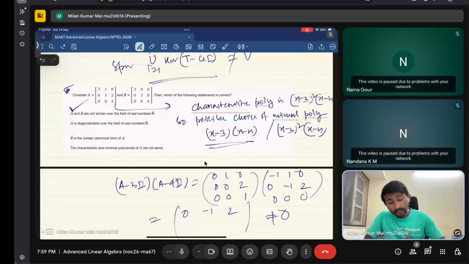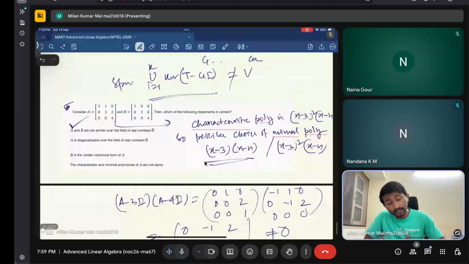Similar means that there exists an invertible matrix P such that A = P inverse BP, right? Suppose A has Jordan canonical form JA.